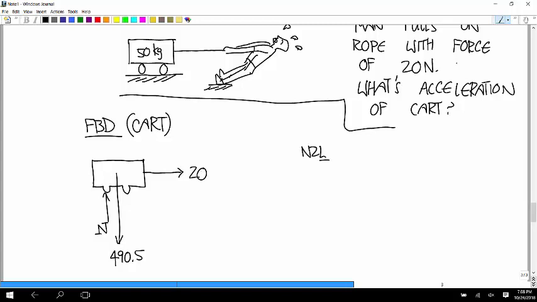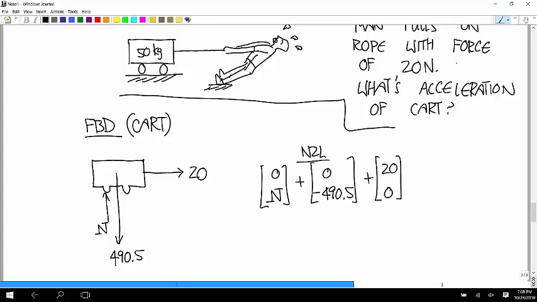Now Newton's second law says: 0, N, because that's the positive y direction, plus 0, negative 490.5. The 20 is in the positive x direction, so this is 20, 0, equal to the mass of the cart, 50, times the acceleration.